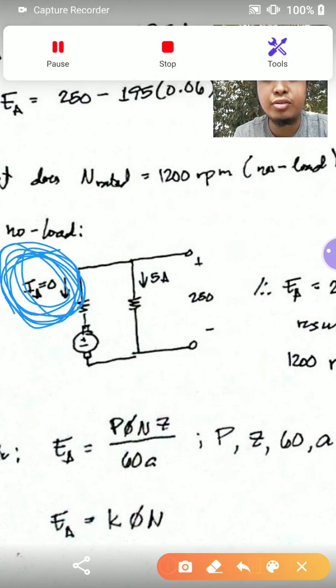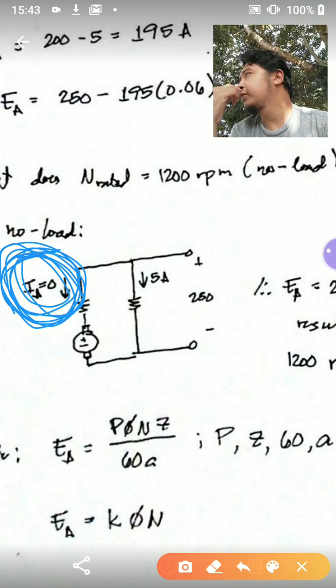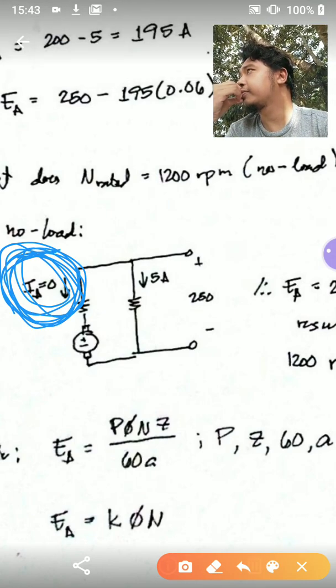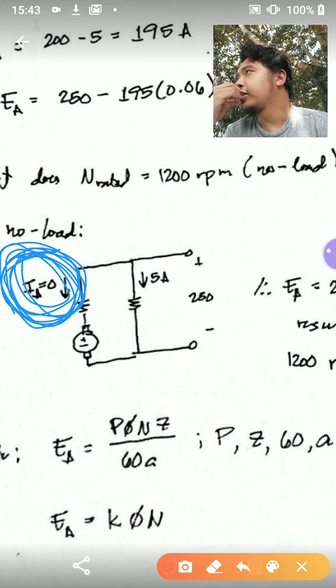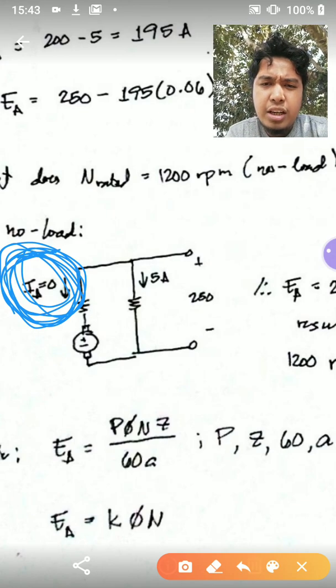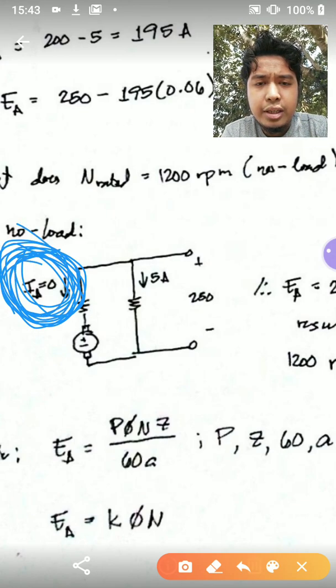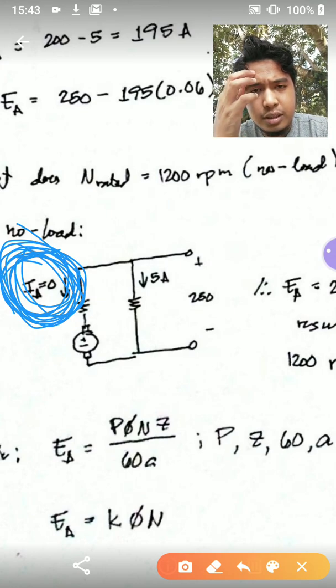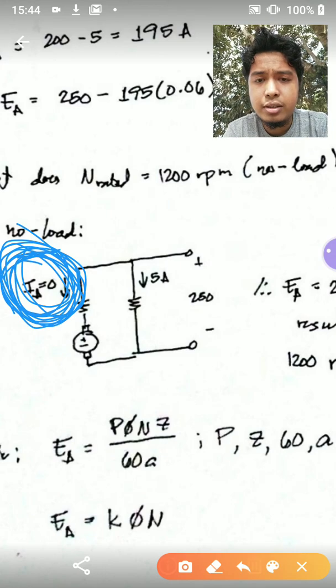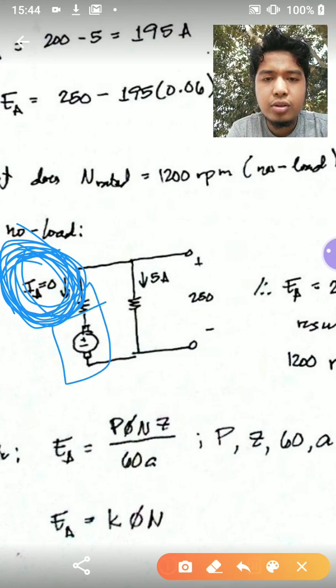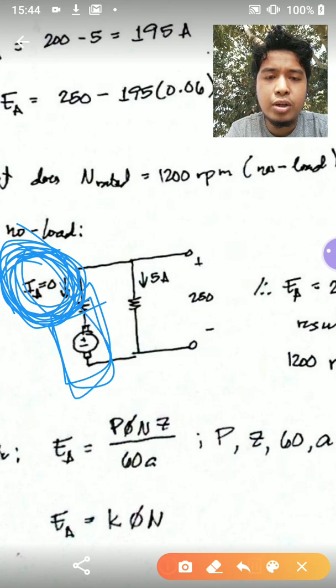This will not be exactly true, but let's assume that this is very, very small, such that it is equal to 0, such that this EA will be close to 250.